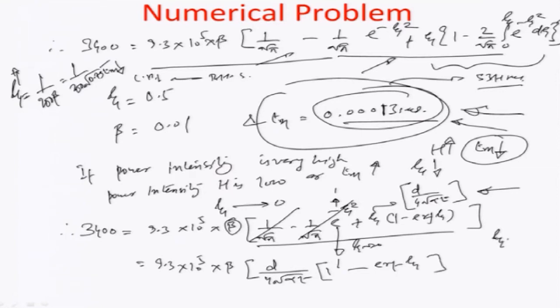Zeta of course is 1 by 200 beta, as you have seen before. So, therefore, if we just put this whole expression back in place, try to see how this equation would change.